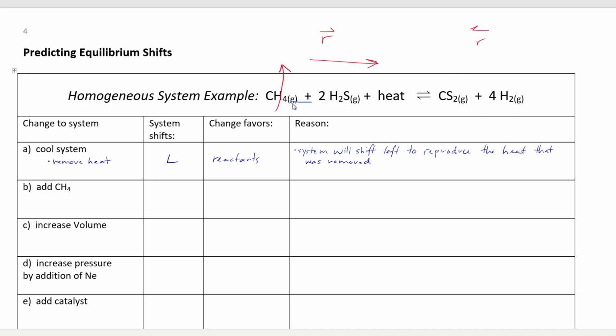So it looks like the forward reaction is going much faster in comparison to the reverse reaction. Remember, at equilibrium, these rates are supposed to be equal. So by increasing the concentration of one, we throw them out of equilibrium temporarily and speed up the reaction in one direction. So if we added CH4 to the system, our system would shift right, and the change would favor the products.